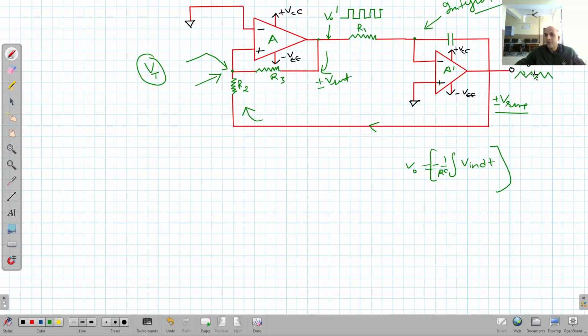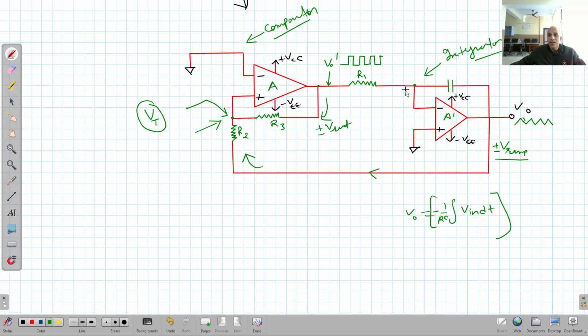When the input here is a positive saturation voltage, this output will be a negative going ramp. According to this equation, we have seen it in the case of integrators.